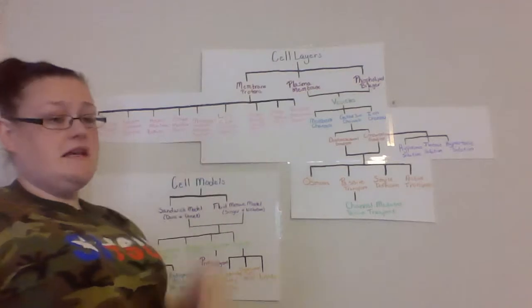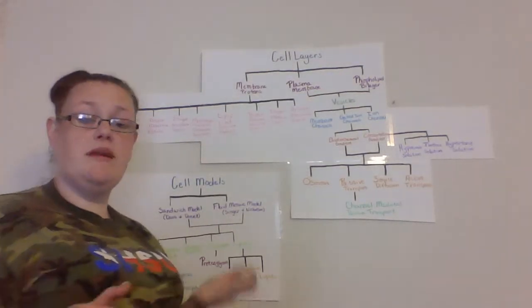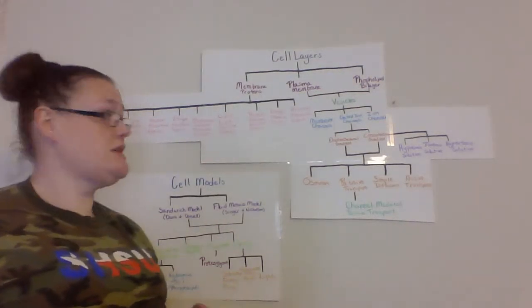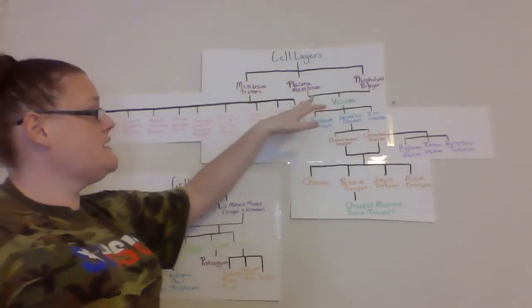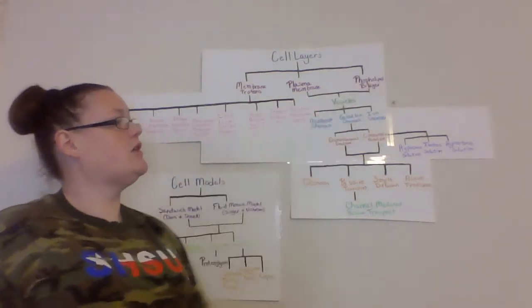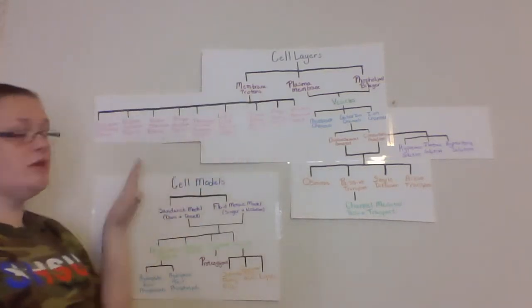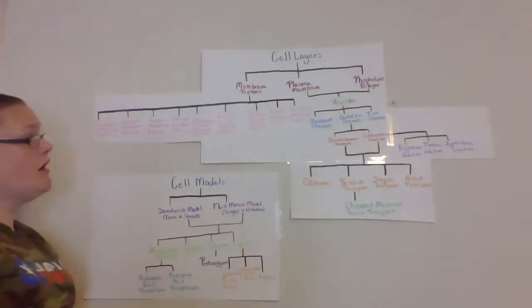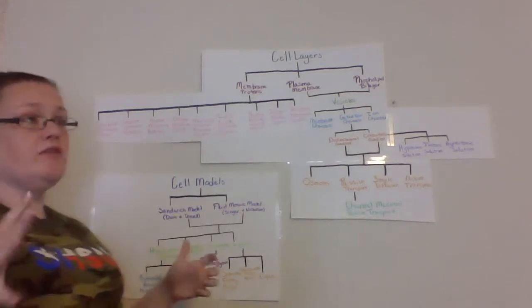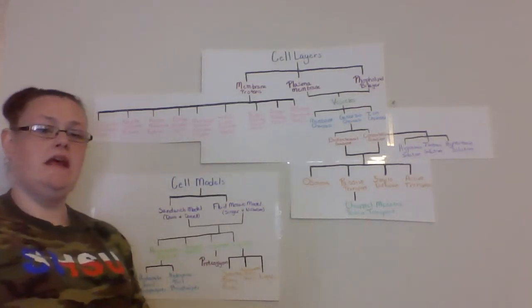First off, we'll start with the cell layers. The three cell layers that we were given in the vocabulary sheets were the membrane proteins, your plasma membranes, and your phospholipid bilayers. Our bigger group of words were our membrane proteins, which have several different types of proteins that create this group.